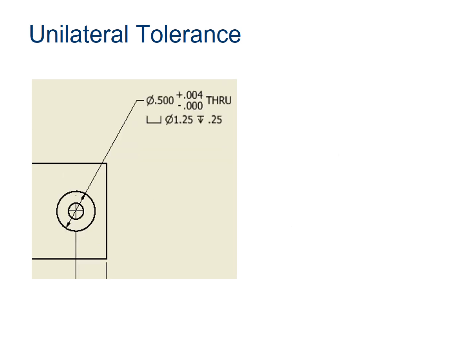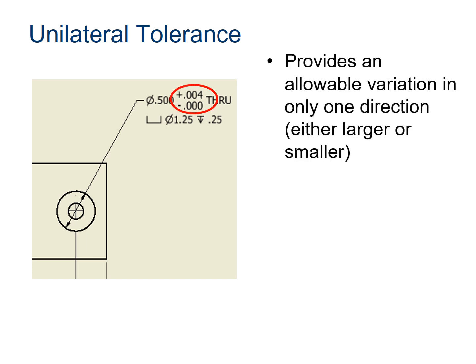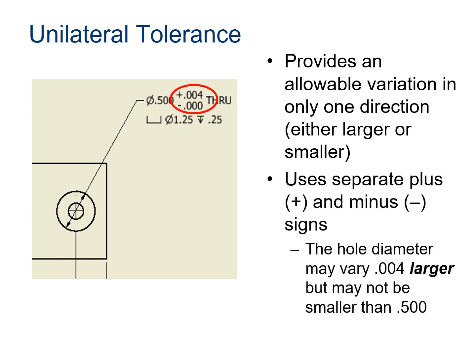And then you have this other concept of unilateral tolerance. Here's how we express that tolerance. This provides allowable variation only in one direction. It's just like a British boy band, only in one direction, either larger or smaller. So in this case, you'll see plus 0.004 or minus 0.